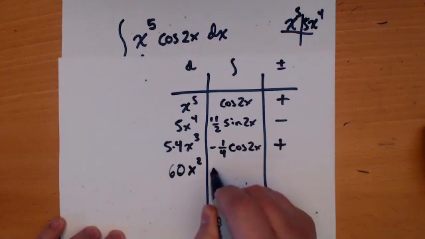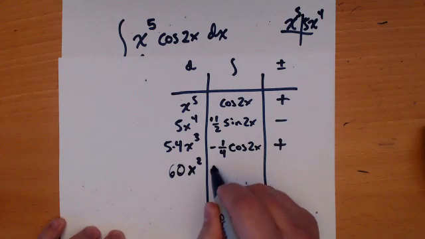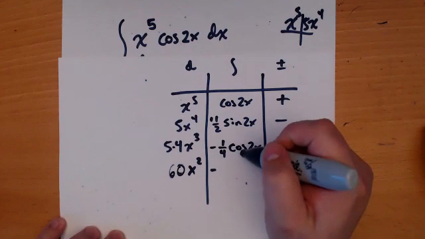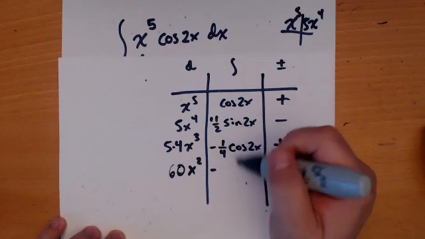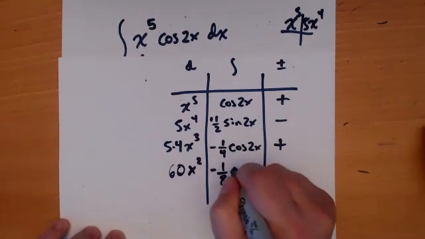And now this is negative, cosine is negative sine. So this is positive again, right? This is negative still. And this is 1/8. Oh, darn it.